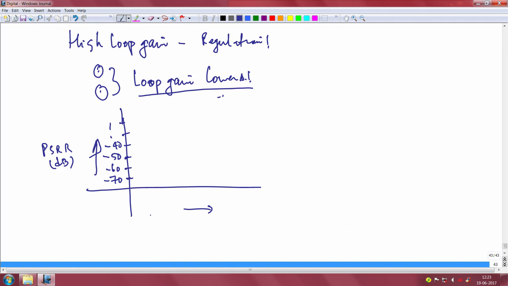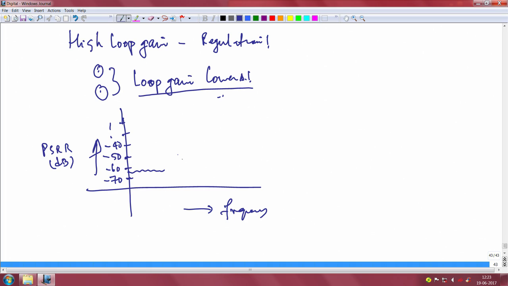But how well that gets supported in terms of its response becomes critical. I will put one nice picture here, I will just continue this story here. This is frequency, okay, and this is PSRR. It turns out the same LDO behaves something like this.